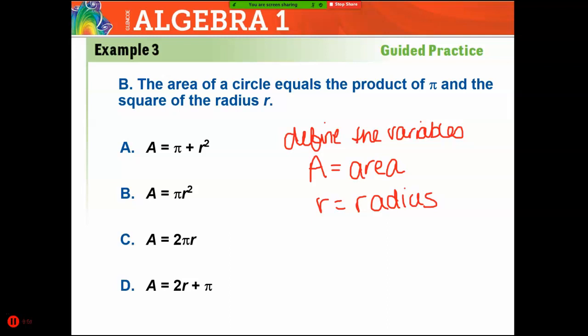Capital A is area, R is radius. When you see the word equals, you're thinking an equal sign. If you see the word product, that means to multiply. So you think of the little dot.